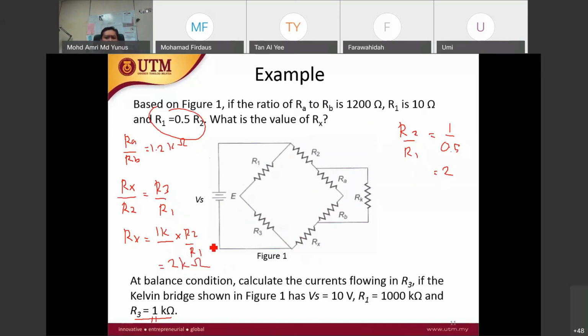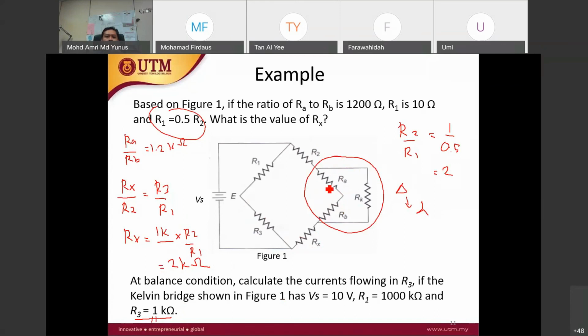Okay. At balance condition, calculate the current flow in R3. So if you want to find the balance condition, the value of R3, the hint is to convert this delta to star.